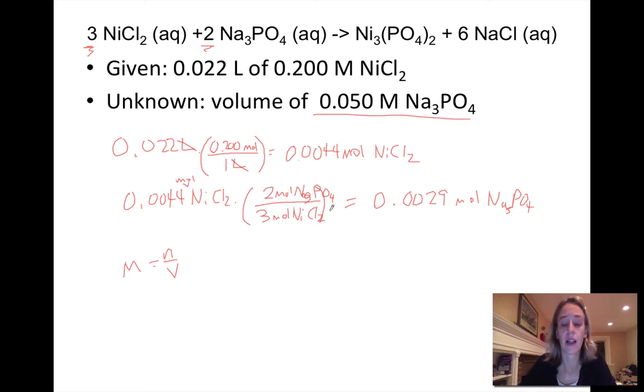So that value gets plugged into the molarity, and the molar amount that we've calculated that's needed gets plugged into little n. So let's rearrange this a little bit. If we cross multiply, we get Vm equals n. And then if we want to isolate V, we'll divide both sides by m. So volume equals n over molarity.